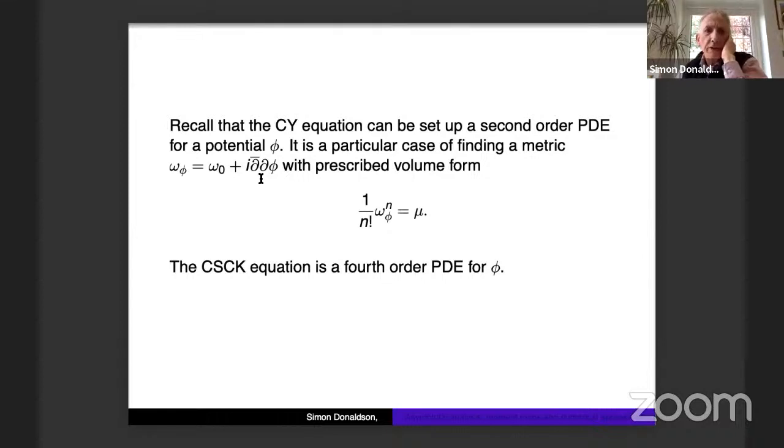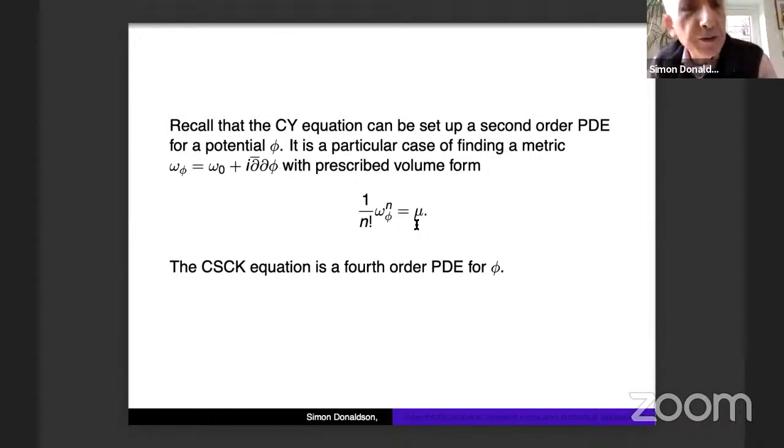And then the Calabi-Yau equation is actually a special case of a slightly different problem, which is to find a Kahler metric with a given volume form. So we have a given volume form mu, and we want to solve this equation that the top power of the Kahler form is equal to mu.